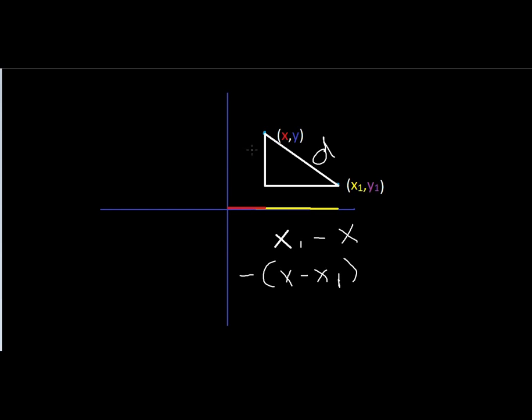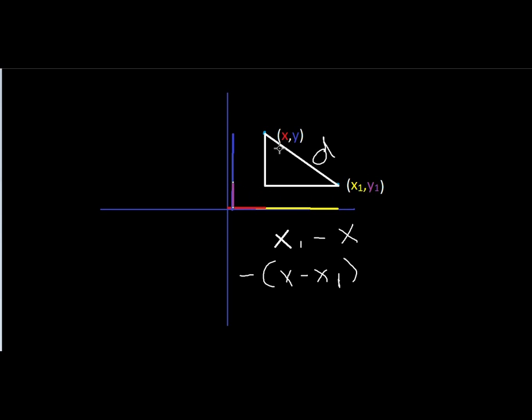Okay, now let's find this distance. First, we have to find the distance from y to the x-axis. So let's drop a line, and let's move it over here, not touching the axis because then the colors will blend. And let's find the distance from y1 to the x-axis. So we're going to drop a perpendicular there and move it here.